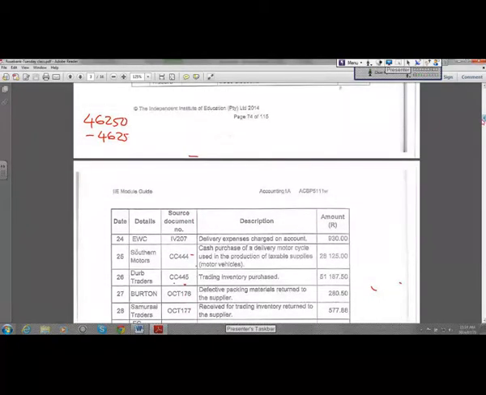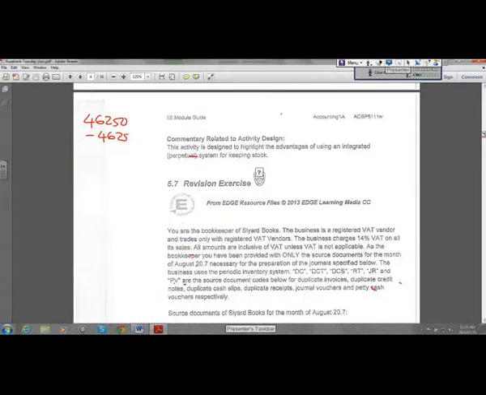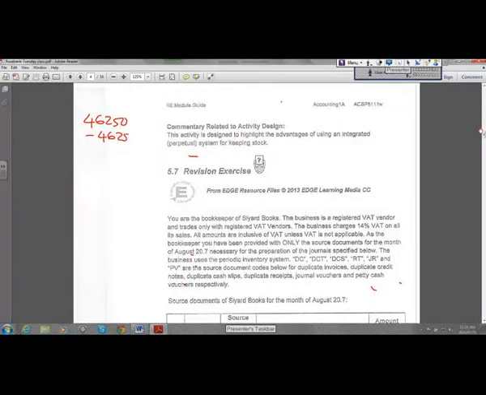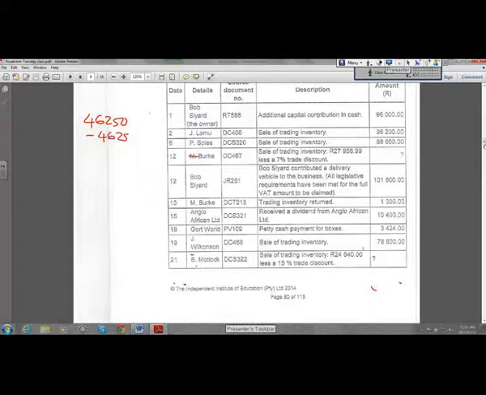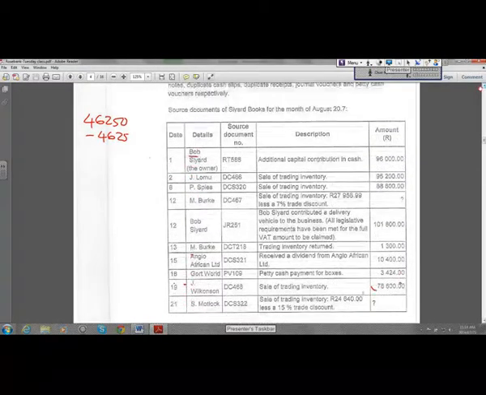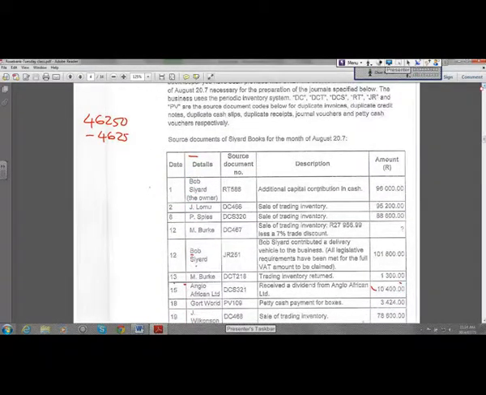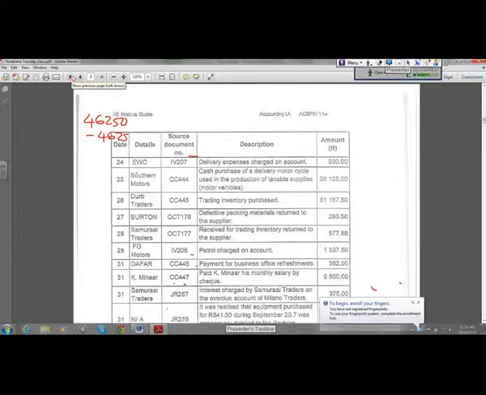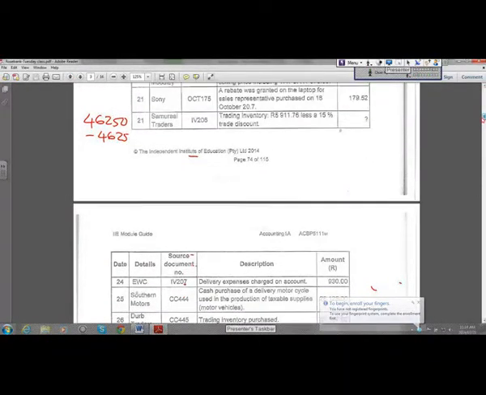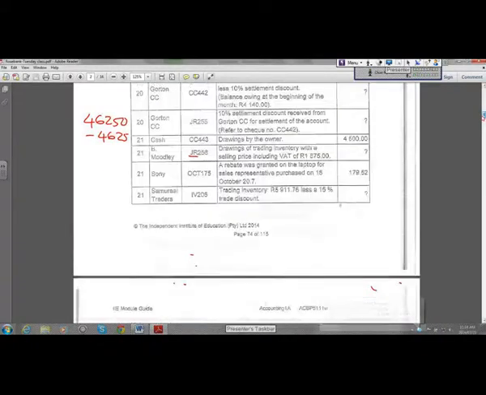Okay, so let's just, is this? Yes, this is what we are busy with. Okay, so let's go back to the previous page. Okay, so I'm sure this is where we're supposed to be now. Let's go up a little bit.